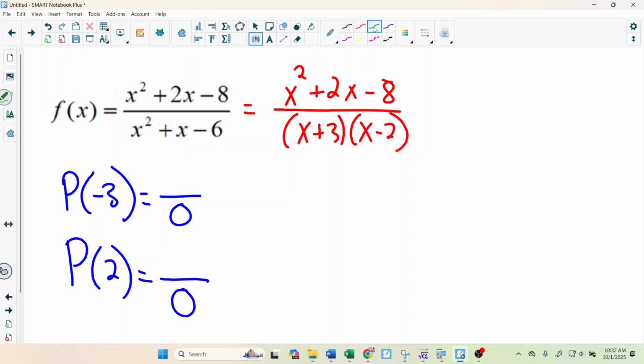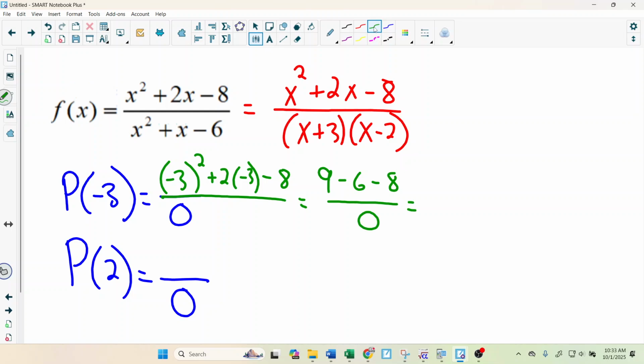So we have negative 3 and 2 as our vertical asymptotes. We plug those in. If I put negative 3 in the top, wouldn't that be negative 3 squared plus 2 times negative 3 minus 8, which would be 9 minus 6 minus 8?